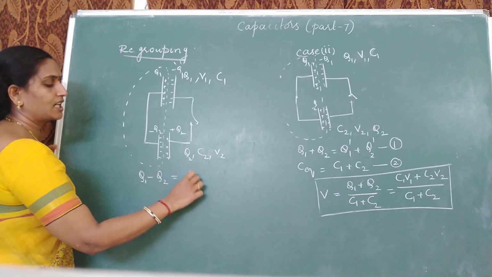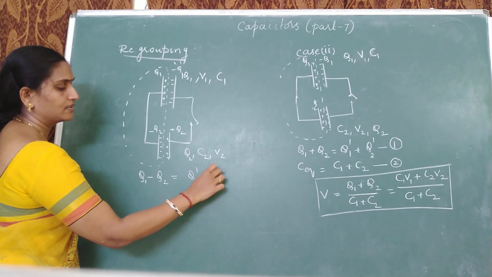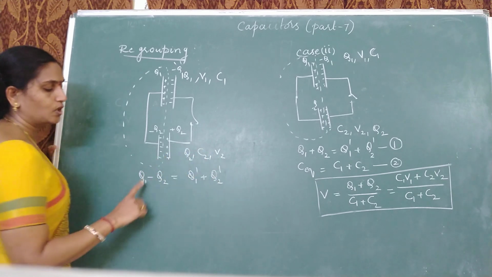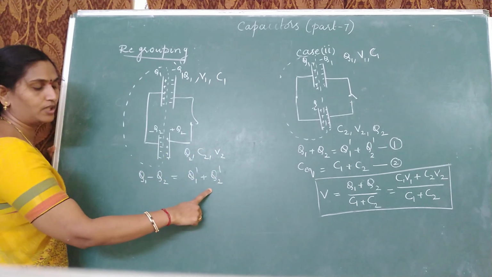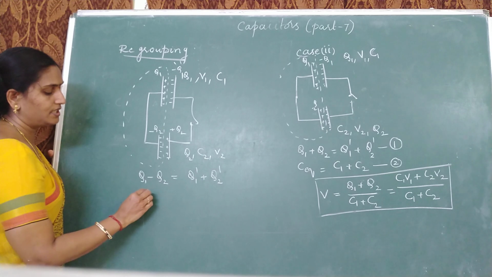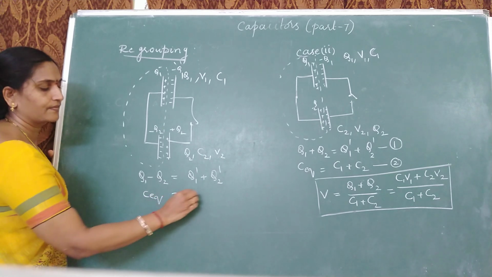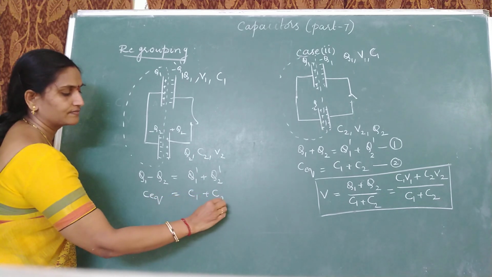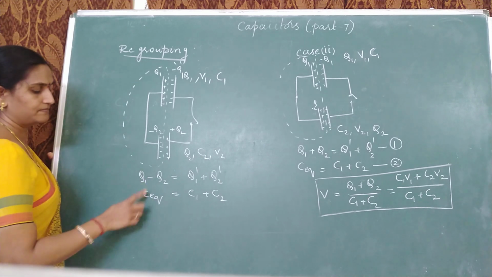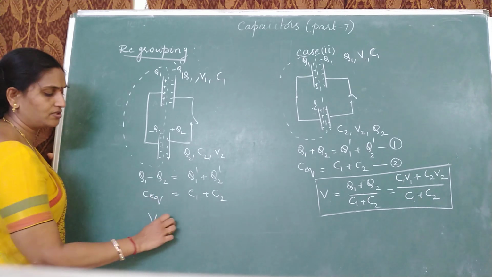After joining, let the charges be Q1 dash and Q2 dash. Total charge initial should be equal to total charge final. Then the equivalent capacitance is C1 plus C2. Divide both of them. This ratio gives you the common potential.